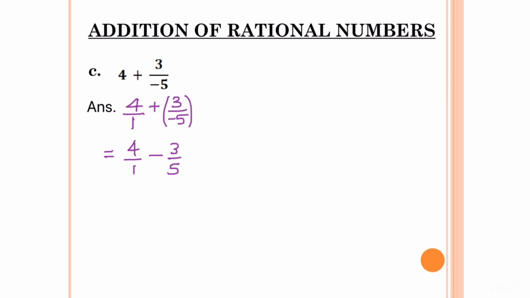To make the denominator same, we will find the LCM of 1 and 5. LCM of 1 and 5 is equal to 5.